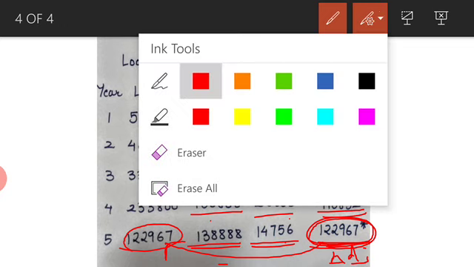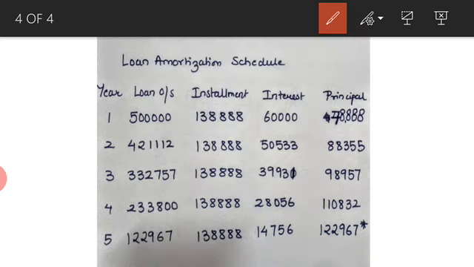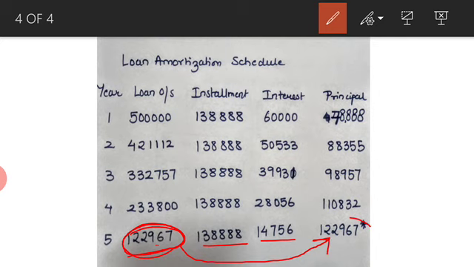Okay, so always remember, in the last year you will not get an exact value. If you minus these two, you will not get exact value. Since we have to repay the loan, this entire amount has to be repaid in the last year. The same amount will come as principal amount only in the last year. I am repeating, it's only in the last year. This is an adjustment.